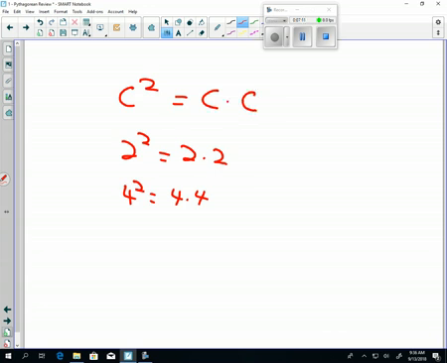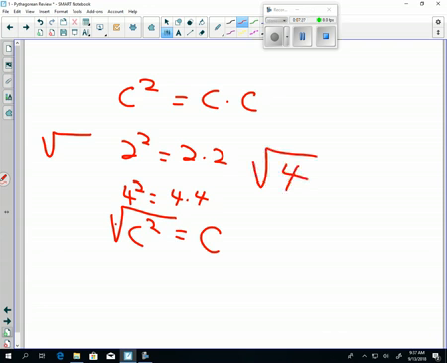And you've learned before what square roots are. So if I take the square root, this sign here means square root, of that, it's c. It's asking me what number multiplied by itself will give me this. Well, that's c. What is the square root of 4?